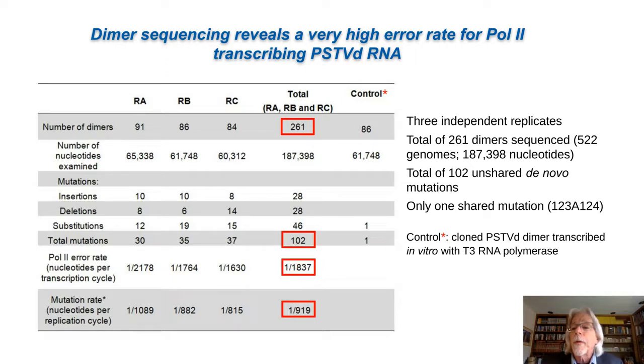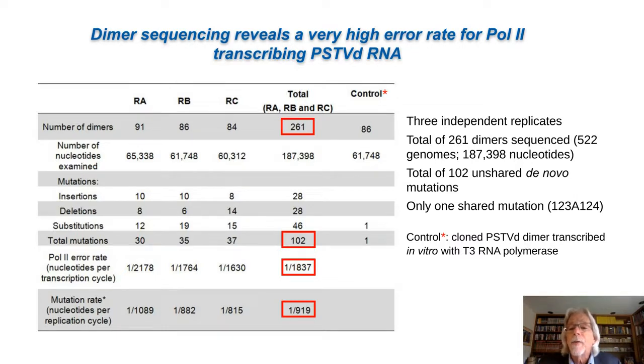And in those 187,000 nucleotides, we found 102 unshared de novo mutations. So from that, we could calculate an error rate of 1 in 1837 nucleotides.